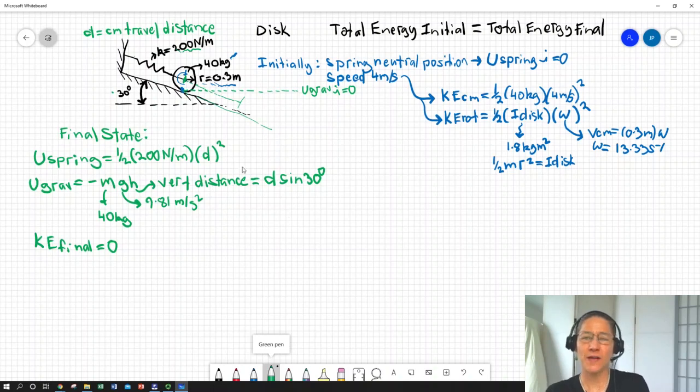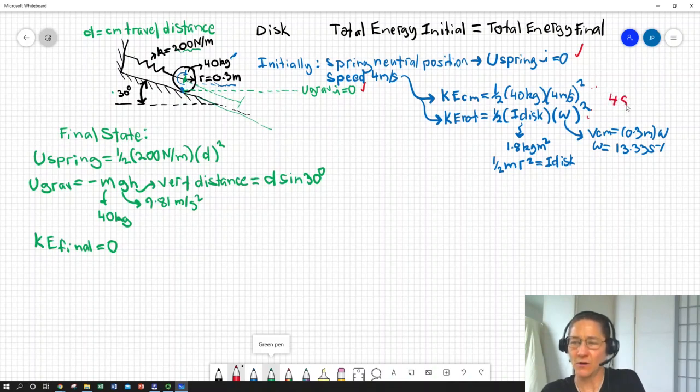So now all we have to do is tally up everything on this side. This value, which is easy, is 0 plus 0 plus the sum of the two kinetic energies. So if we get values for each of these kinetic energy expressions, we can get a total value for the two combined.